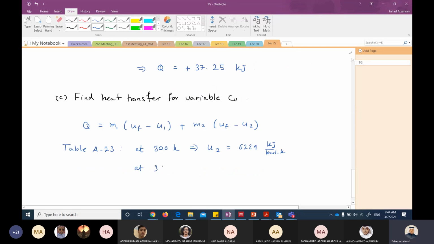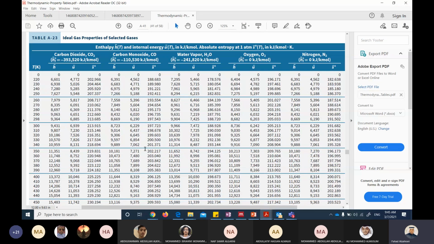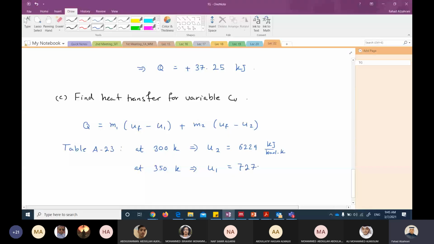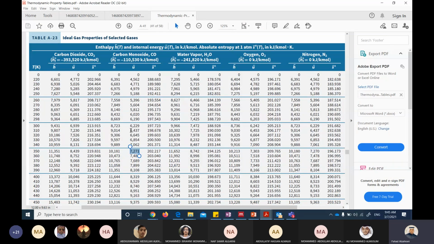At 350 Kelvin, I have U1. Going back here, carbon monoxide at 350 is 7271 kilojoule per kilomole. And at 315 Kelvin I have U final, so let's go back.